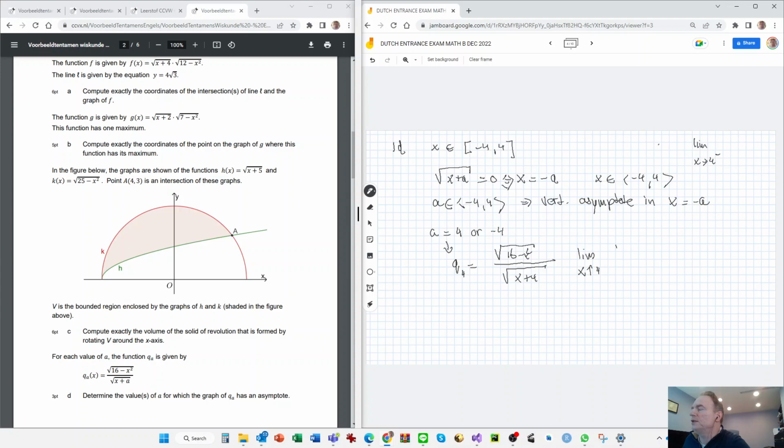This limit we know. No, I have to look at, since it's minus a, I have to look at x going to minus 4 from the top, from above. So I need to look at this limit.